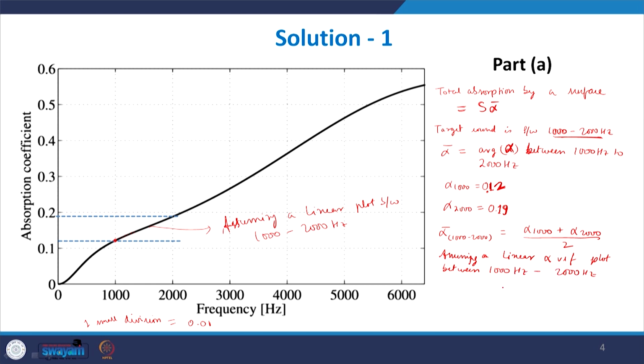So, we have assumed this particular line to be almost linear in nature. When you assume it is a linear line, then the average will be the midpoint value, which we have found as alpha of 1000 plus alpha of 2000 by 2. So the alpha bar comes out to be (0.19 plus 0.12) by 2, which is 0.16, or 0.155 approximately.